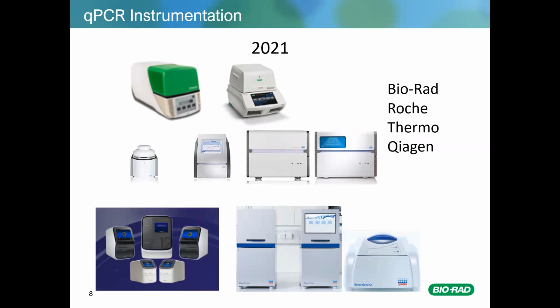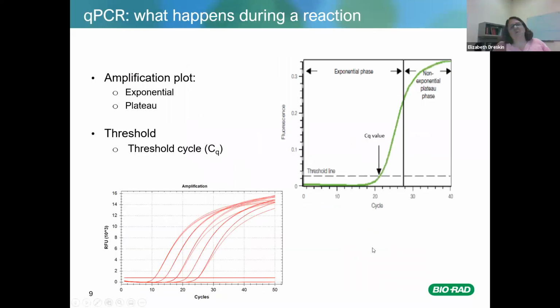Okay, good. So what happens during a PCR reaction? That initial paper in 1993 looked at a PCR reaction kind of from the viewpoint of enzymologists and what is happening during each cycle. So we can break down the sigmoidal curve into two parts. There's an exponential phase where we're doubling our products after each cycle.